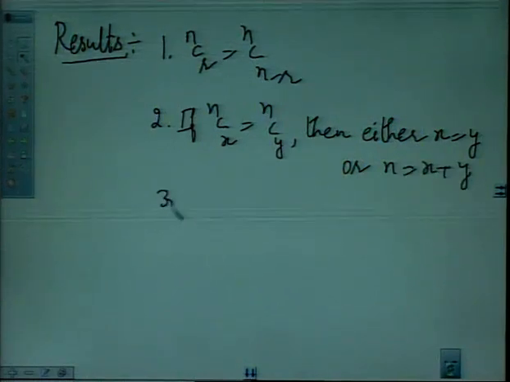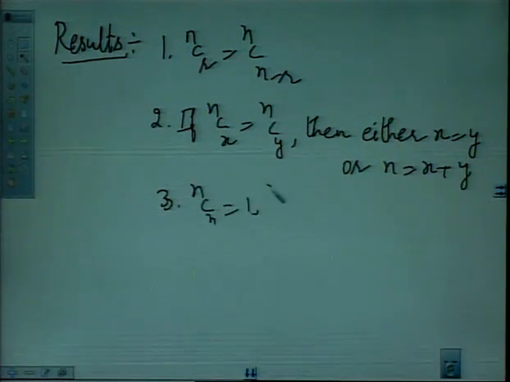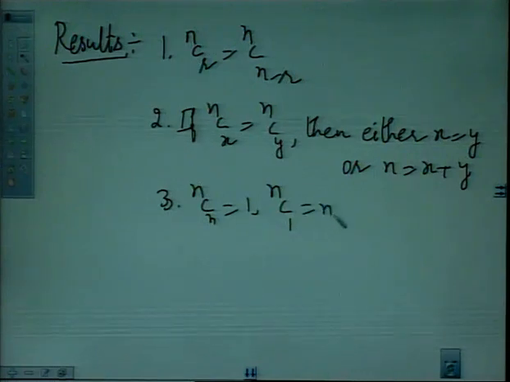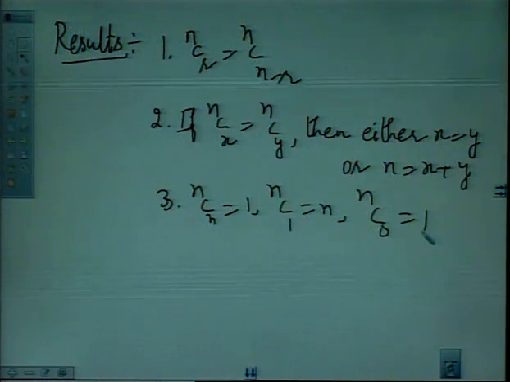Third, values we must remember: the value of nCn is 1, the value of nC1 is n and the value of nC0 is 1. We are going to make use of these results in our questions.